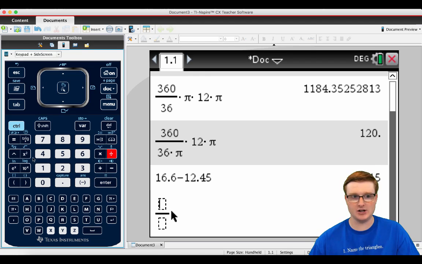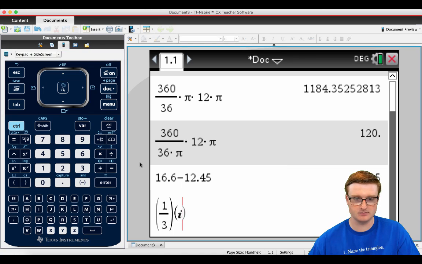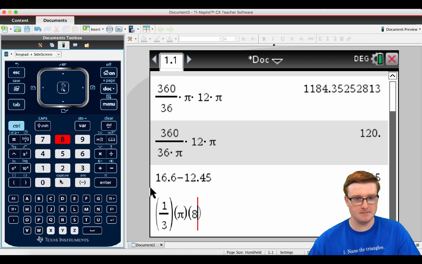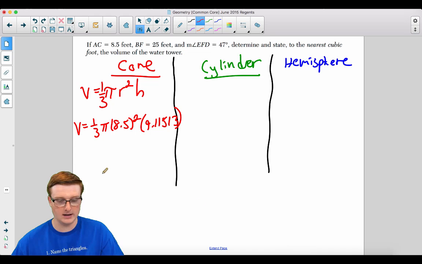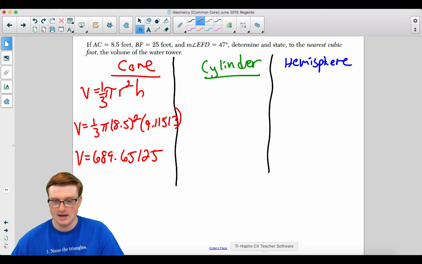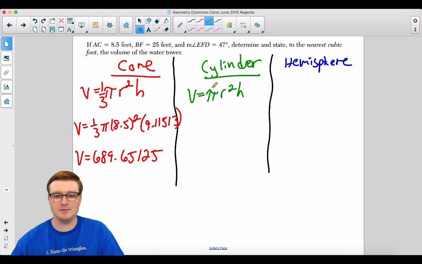Always use your fraction buttons. 1/3 pi times 8.5 squared times the height of 9.11513. Enter. We get 689.651. Remember, don't round until the very end. So 689.65125.